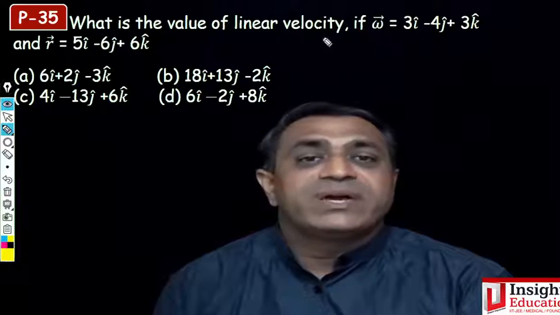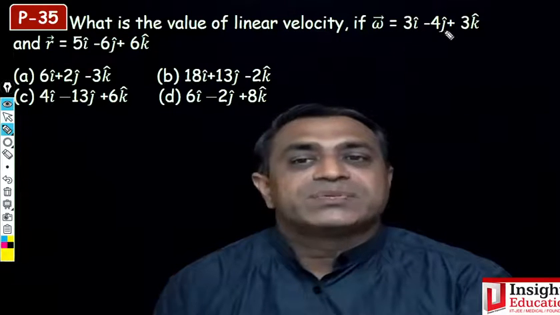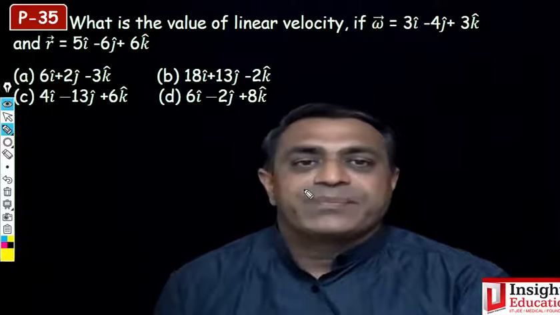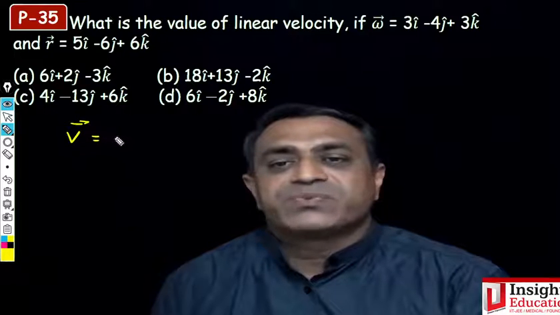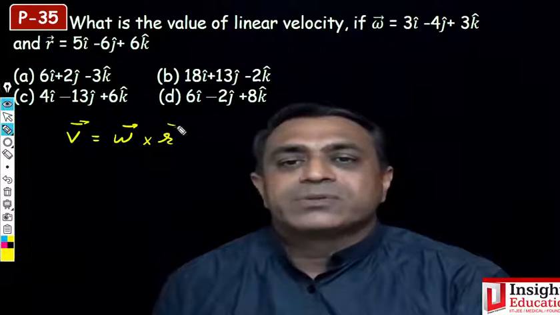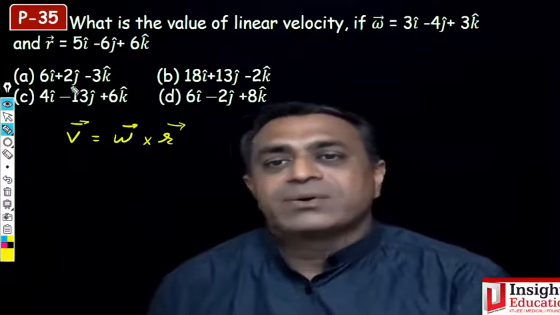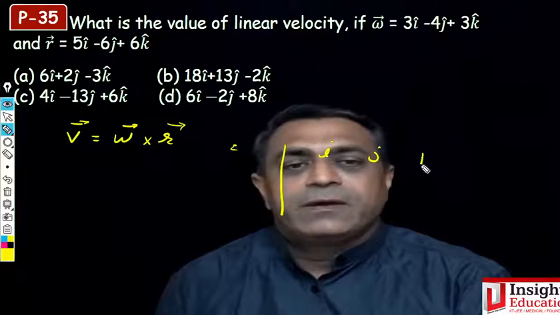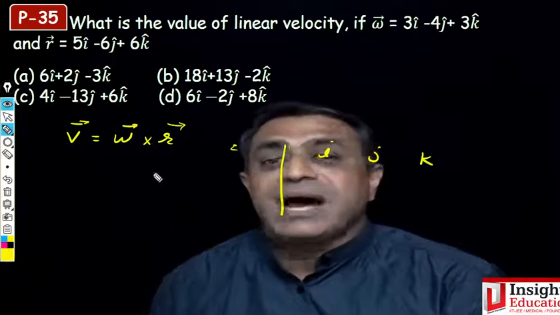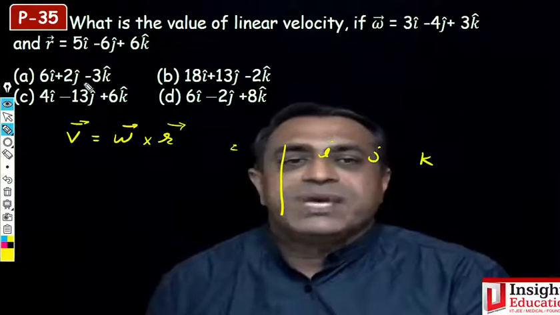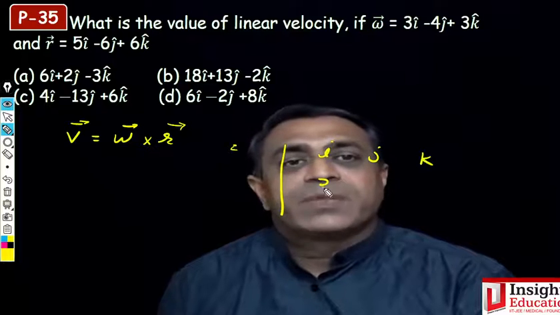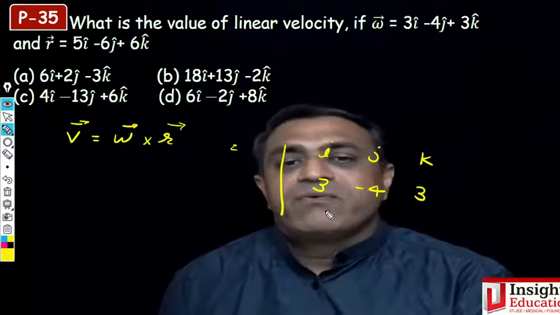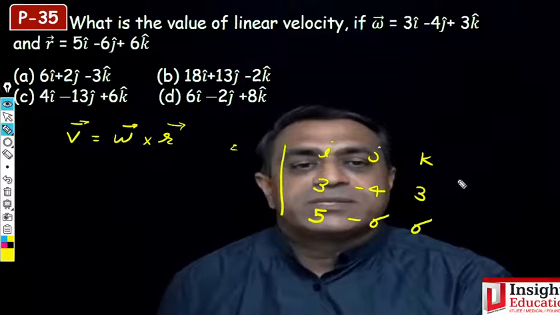What is the value of linear velocity if omega is 3i minus 4j plus 3k and r is 5i minus 6j plus 6k? We know the cross product relation, v is equal to omega cross r. Actually it is r cross omega. So omega is 3, minus 4, 3, and r is 5, minus 6, 6.